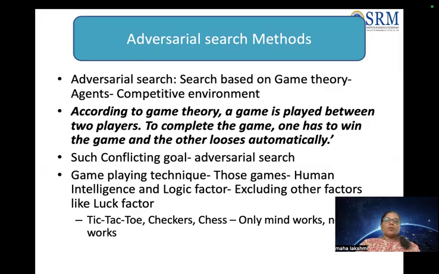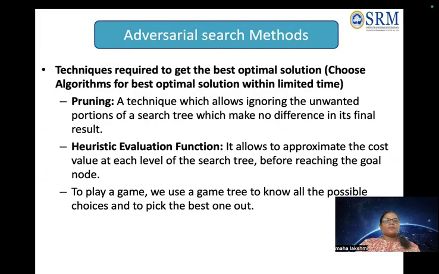Such conflicting goal search is referred to as adversarial search. It is a game-playing technique where games use human intelligence and logic, excluding other factors like luck. For example, tic-tac-toe, checkers, chess, these are all examples of adversarial search methods. And techniques required to get the best optimal solution are pruning and the heuristic evaluation function.